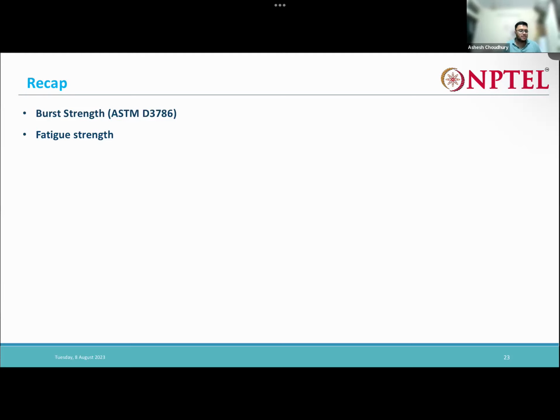Okay, then we have the burst strength. So why is the burst strength test important? What happens is that there might be cases where there is a large boulder or some large stone or rock below the geotextile, and it usually is placed like that.